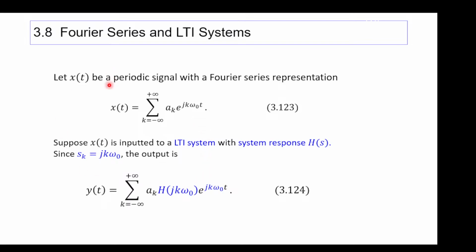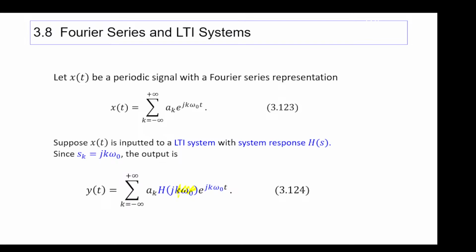So remember at the end of last chapter we talked about how the LTI system responds to some input already in Fourier series, and we see that you apply this big H function also on k omega 0. We even have a midterm problem asking you about this filtering.